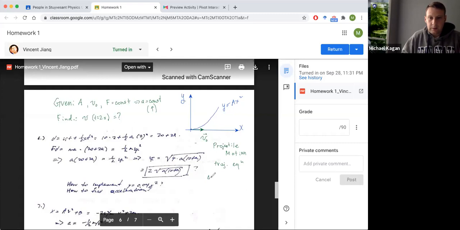It says delta y equals delta x times tan theta minus g delta x squared over 2 v naught squared cos squared theta. Does that ring a bell, folks? So this is it.